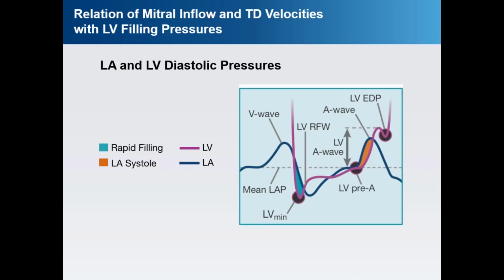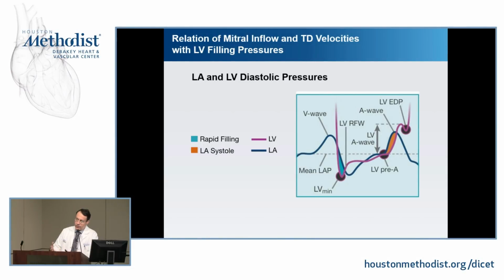So if you're not doing any of that stuff, which is the gold standard, and for several reasons it is not done in the cath lab nowadays except in a research setting, you are left with measuring pressures. And there are several pressures that can be measured, but I want to make the point that an elevated diastolic pressure is not always equal to diastolic dysfunction.